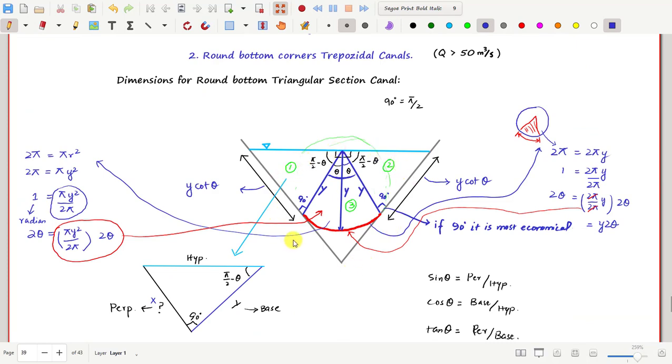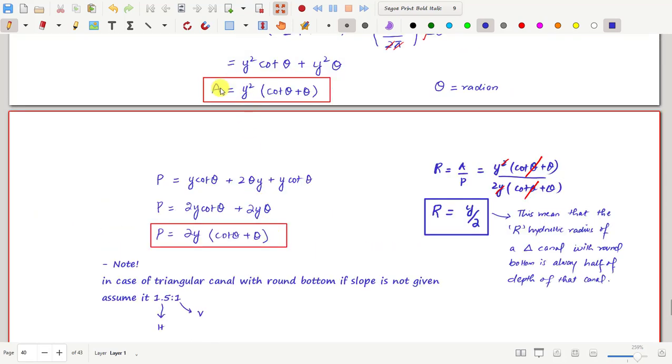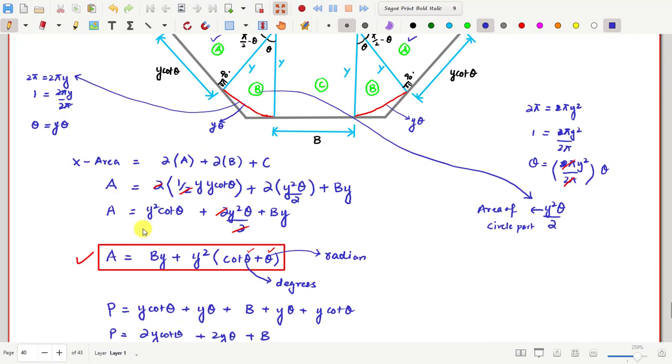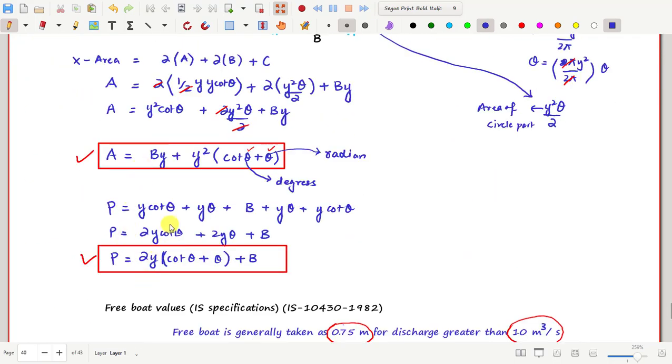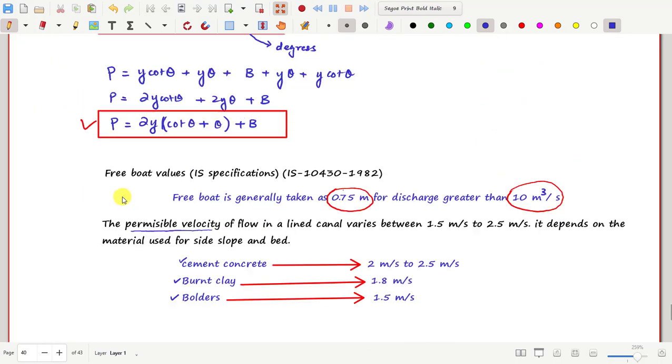Everything will be same. The only thing you need to change is these two equations. You need to use the equations for area and perimeter, which are different in this case, to find out the value of b and y. So that's it.